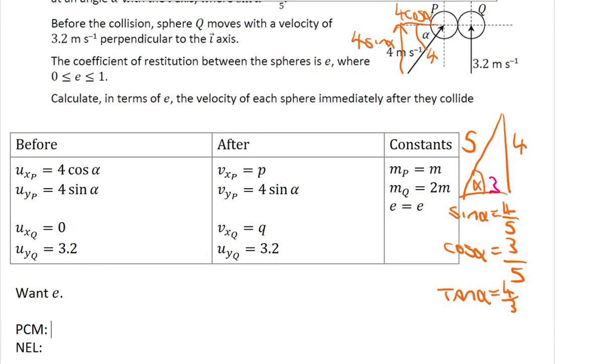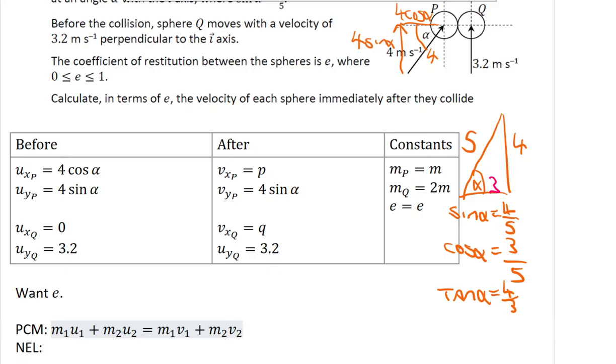So our PCM is M1 U1 plus M2 U2 equals M1 V1 plus M2 V2.